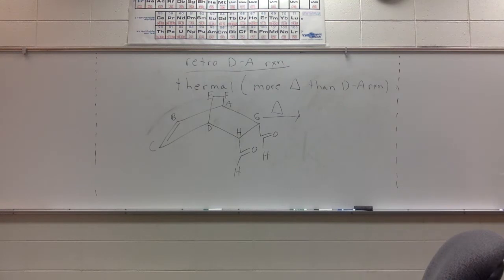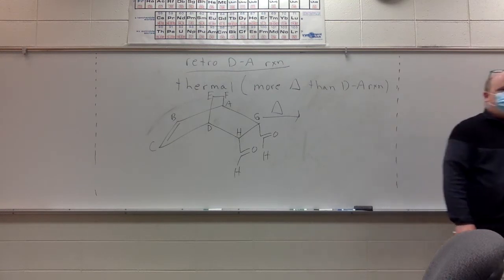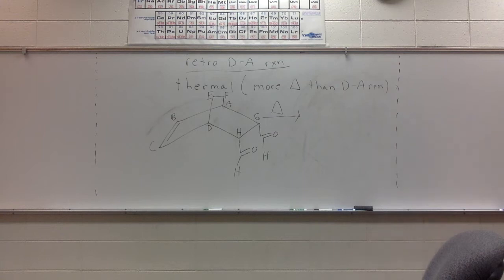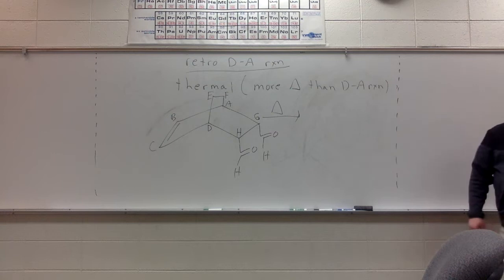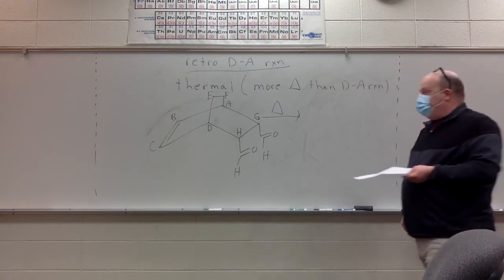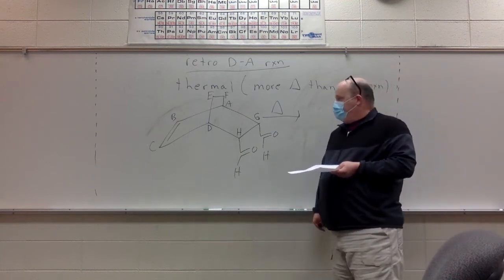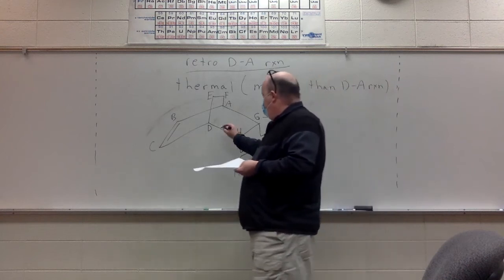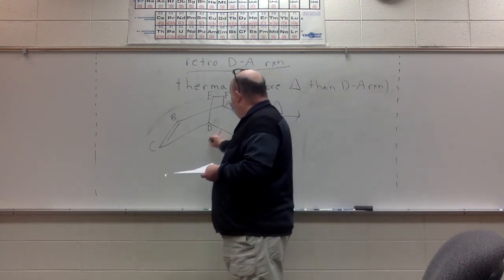All right. Well, which sigma bonds are going to be the ones that we need to break? G and D and H. What's that, Marissa? A and G, D and H. Between A and G and D and H. Yeah, exactly.